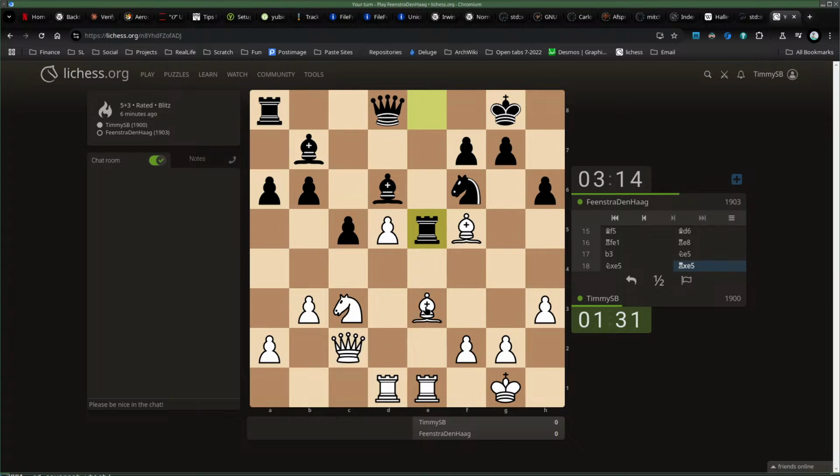I was planning to reroute over here, but then I lose a defender of my pawn. After the exchange on e1. Well, yeah, this thing is also attacked.